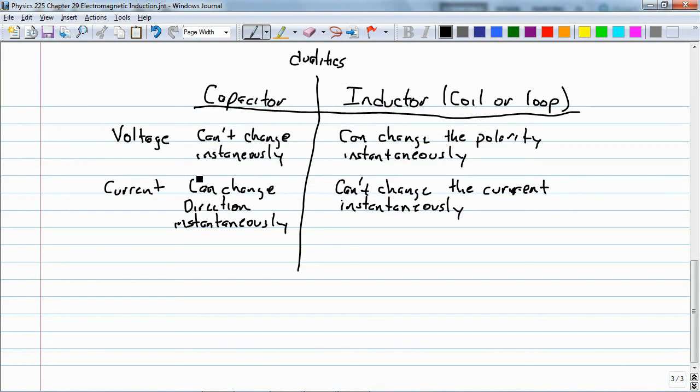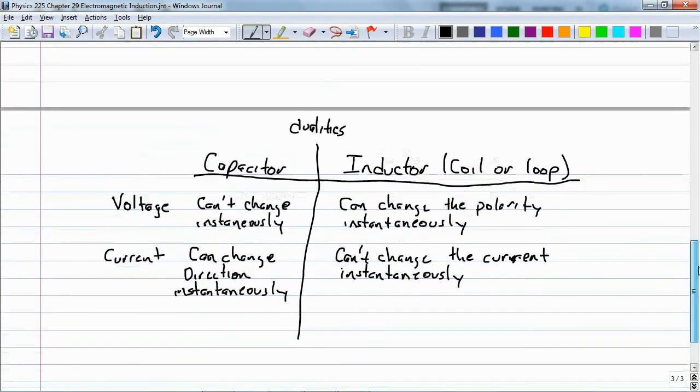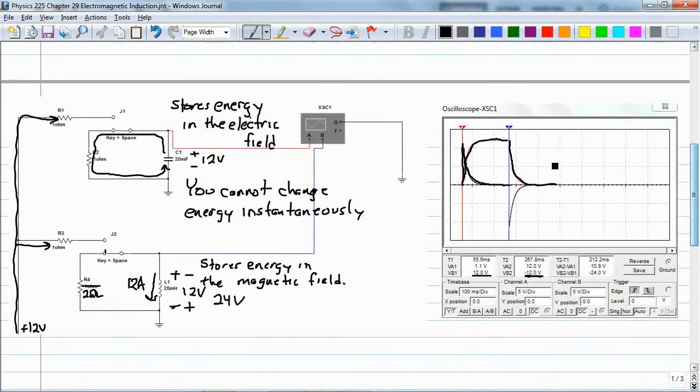But these are very important concepts, and it's this idea of Lenz's law that we need to keep in mind, how things go to keep the current flowing in the same direction. Capacitors are fairly easy to understand. Lenz's law, this is where we are going to have to make sure that we keep track of what's happening so that we can get the correct potentials in the right directions.